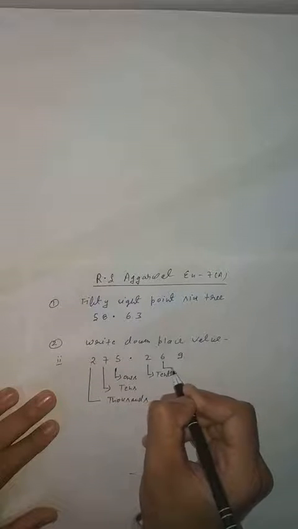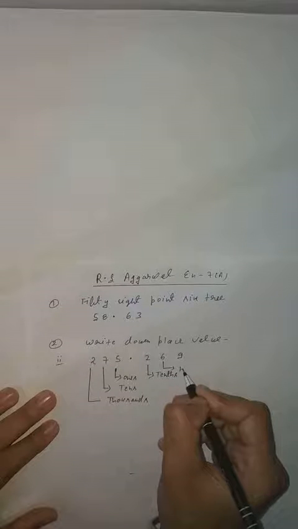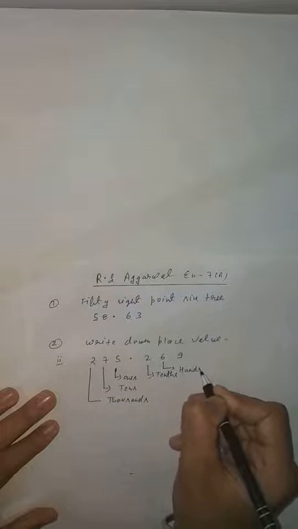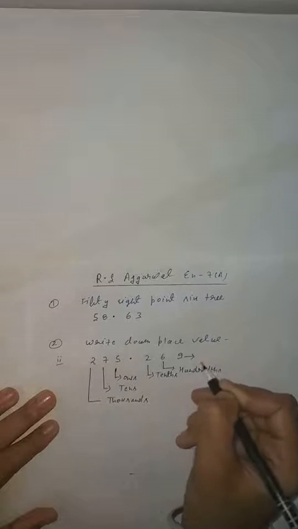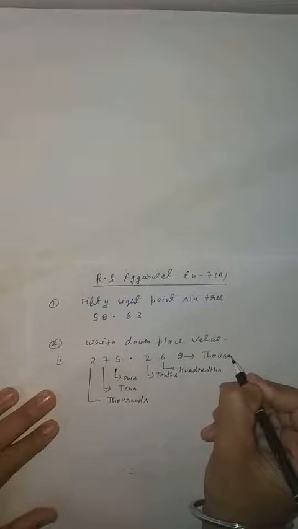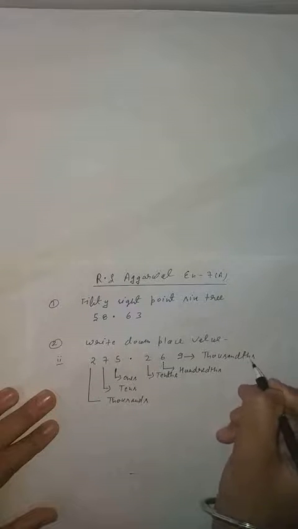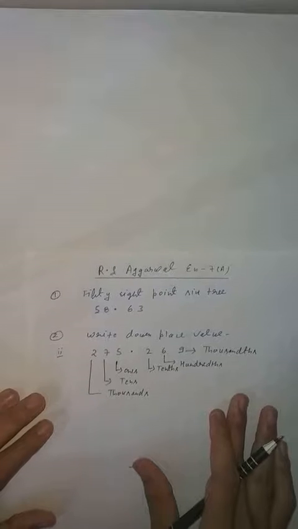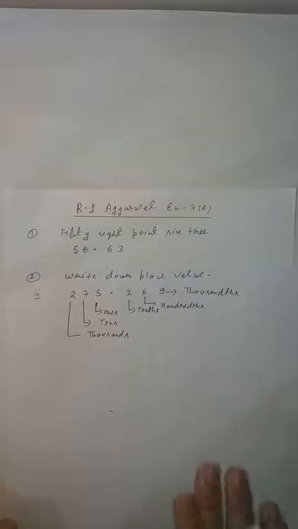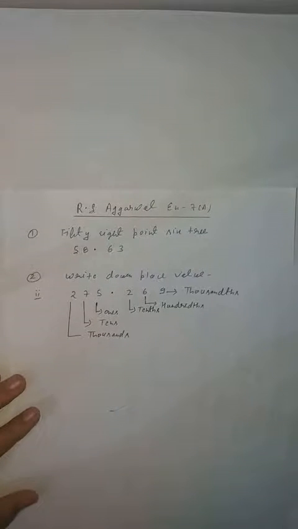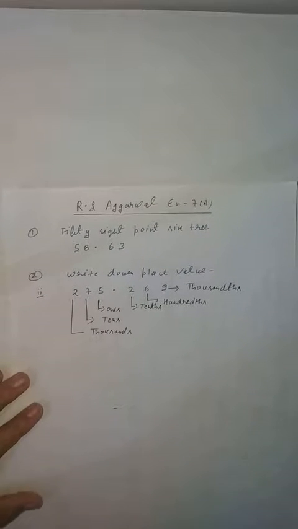Now the second digit is known as hundredths. And this is known as thousandths. Clear, student? Because I explained everything in NCERT, so here you can write down the place value of the numbers directly. Clear, student? Now next is question number 3.